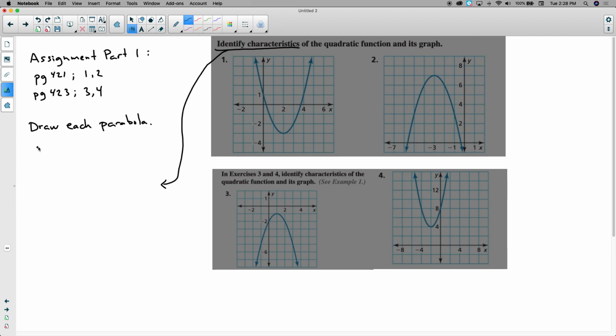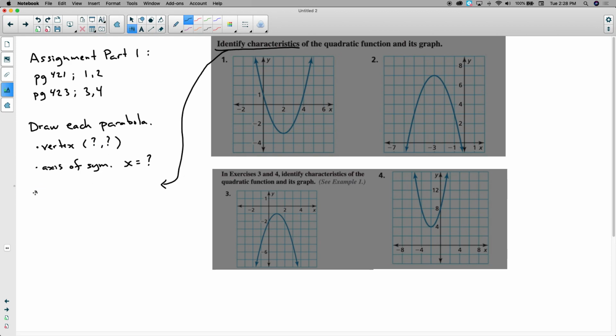Okay, so I want you to make sure that you label and draw the vertex, including its coordinate. Okay, then you should get a ruler and draw a dashed line and label the axis of symmetry. I'm going to abbreviate that. Okay, including the x equals value. I'll put question marks for all these things you need to fill out.